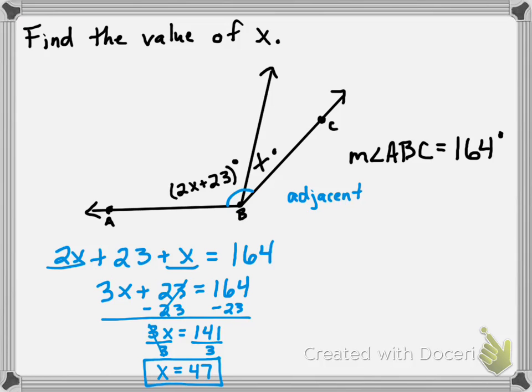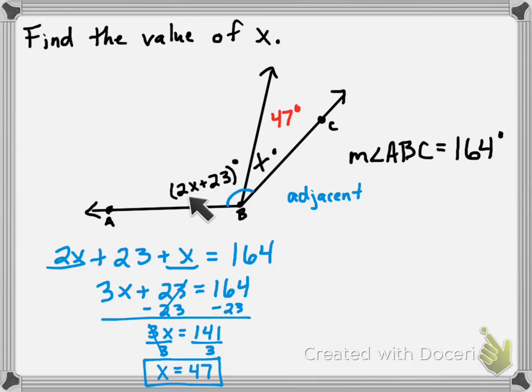So we found the value of x. Now, we can take it one step further, though, and actually find what the measure of the angles are. Well, since this one's x, that one's easy. Since it's x, it's just 47 degrees, since x is 47. Now this one, though, I actually have to plug the x back in.